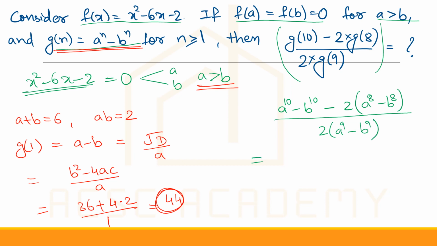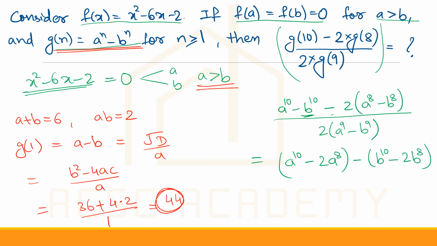Let us expand and put the terms together. a raised to 10 minus 2a raised to 8 minus b raised to 10. Now here we have a minus sign, and here there are these two minus signs that will become plus, but we have taken minus as common, so again 2b raised to 8.